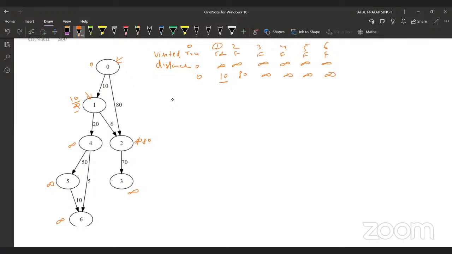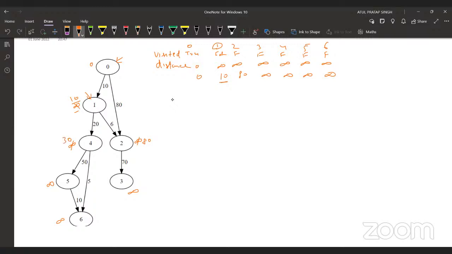So from 1 to 4, the edge value is 20, and we add this 20 to 10. So 10 plus 20 is 30, and the previous distance on node 4 is infinite. So this 30 is less than infinite, so we will update this value to 30.